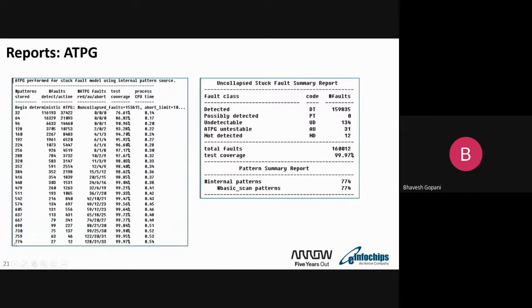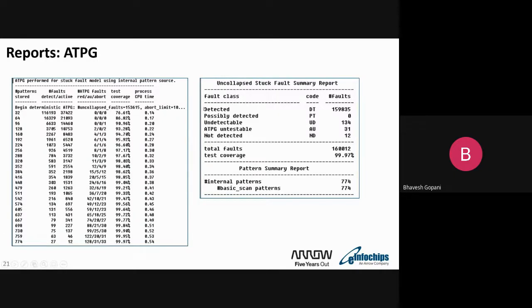Let's say in 774 patterns I'm seeing 99.97%, but normally I don't see that anywhere. It is just a sample, but normally our target is 99%. And this is the Synopsys output report, by the way.